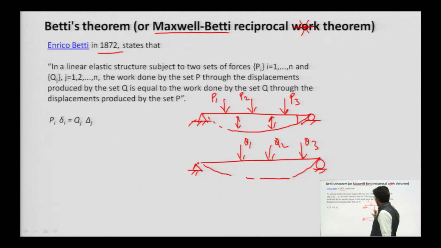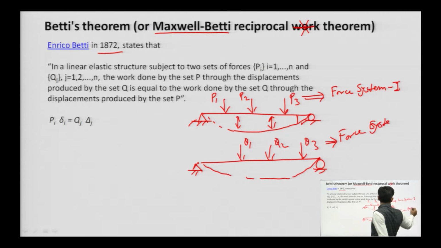where the second force system acts. Let us define this as force system 1 and this as force system 2.